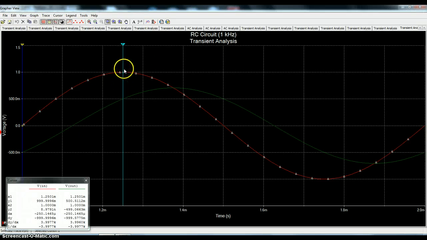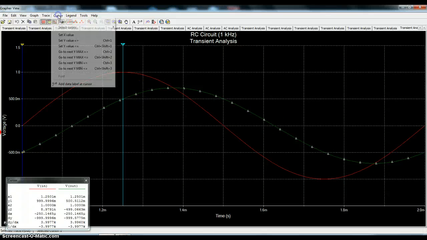But now let's select the second waveform, and make sure I still have that one selected. Now I'm going to have it determine the maximum of this waveform.